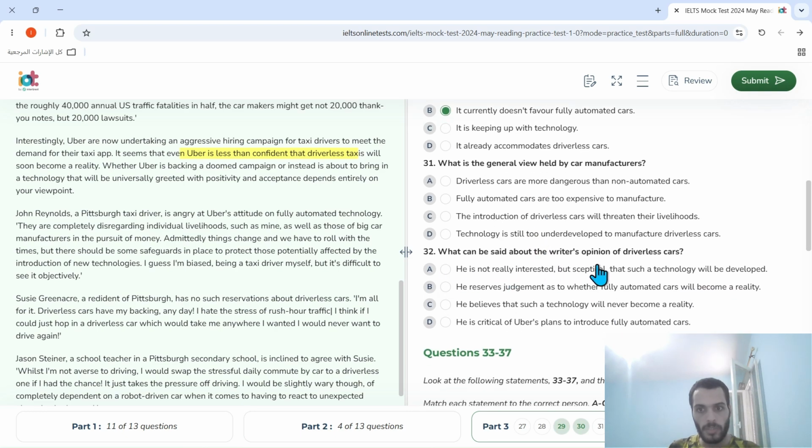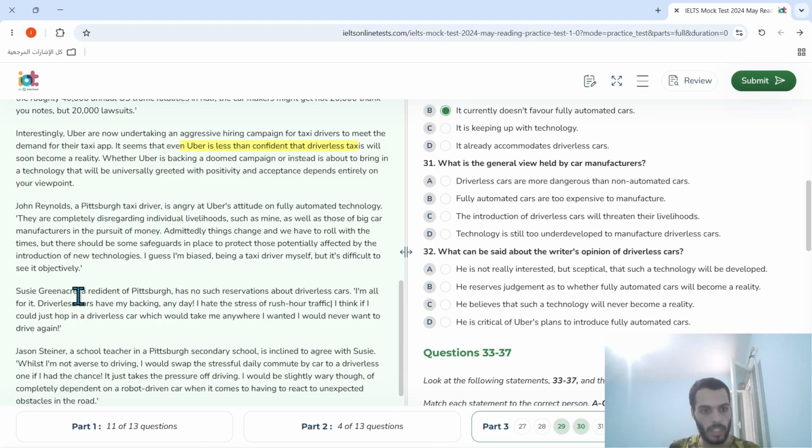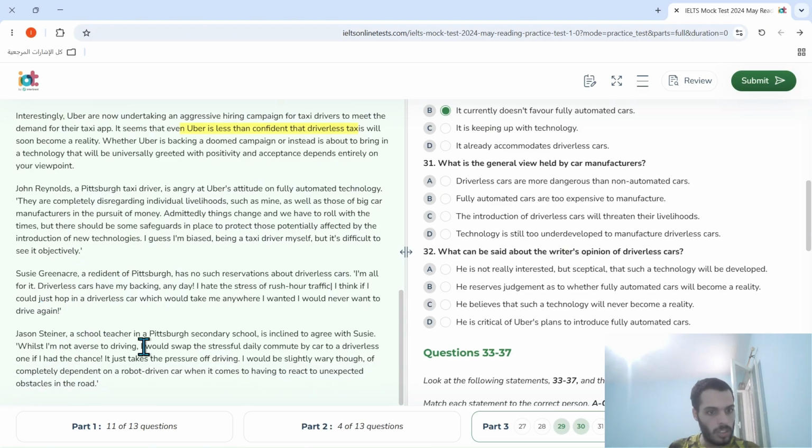What can be said by the right opinion of driverless car? Not addressed to driving or it's all the same.